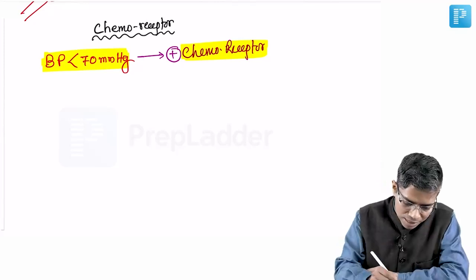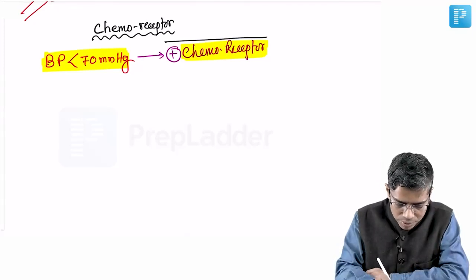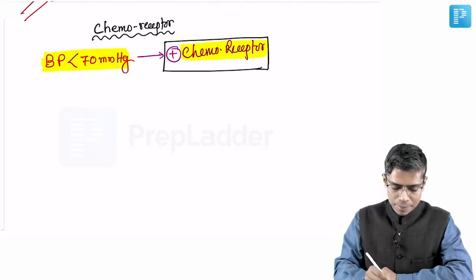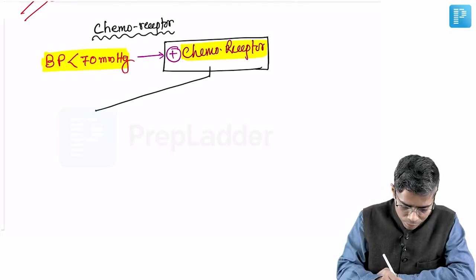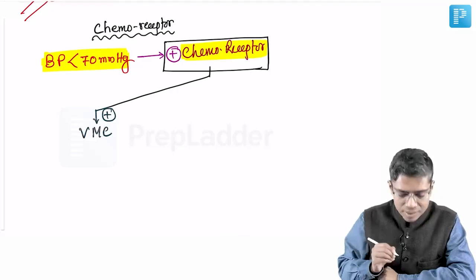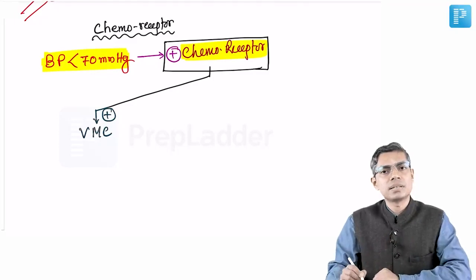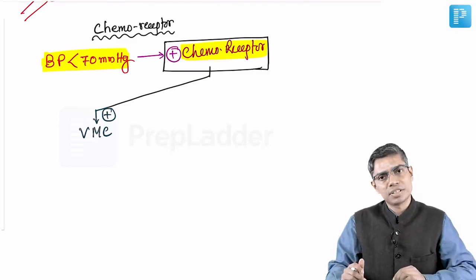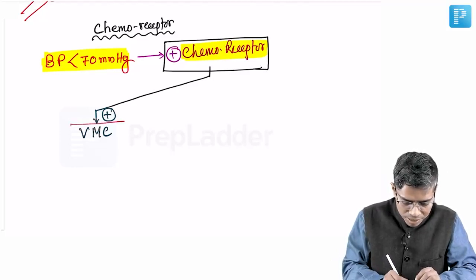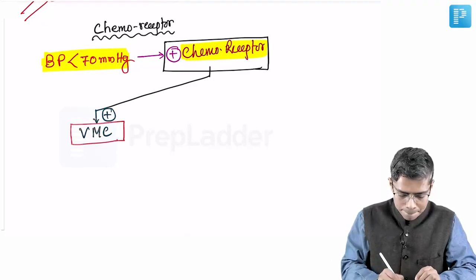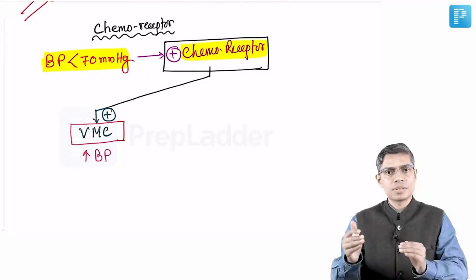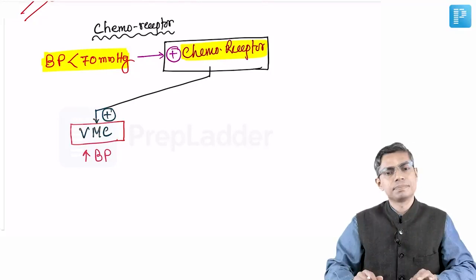Now if my chemoreceptor is active, what is going to happen? It is going to stimulate your vasomotor center by direct innervation. If your vasomotor center is stimulated, I told you your sympathetic system will be stimulated and your blood pressure is going to be higher. So chemoreceptor stimulation means blood pressure will be higher.